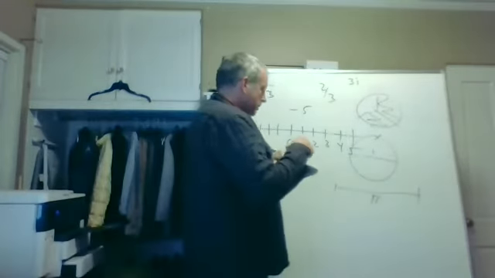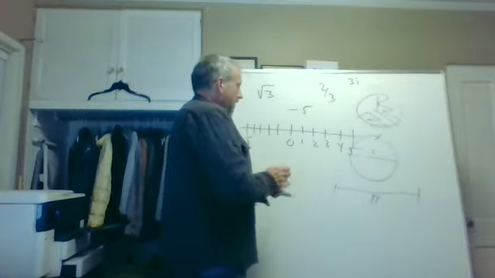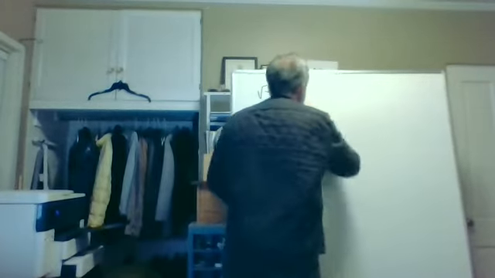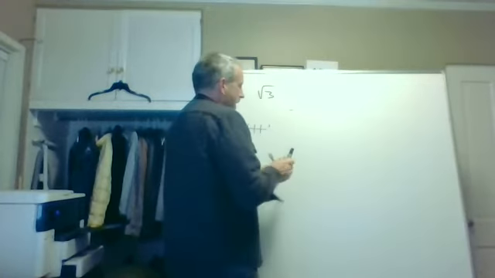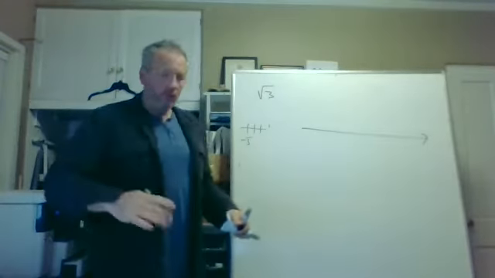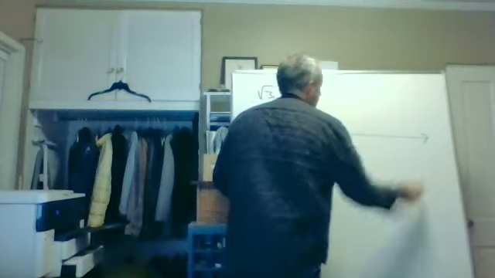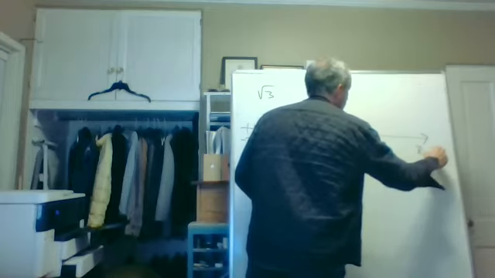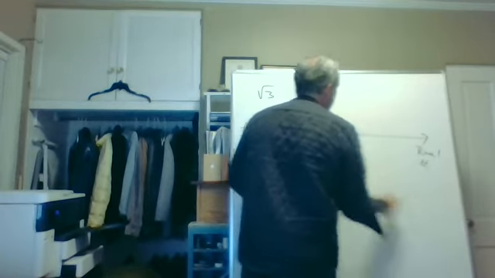When it comes to these complex and imaginary numbers, we extend this idea. And we can do the following. We can say this is the x-axis, but now we want to think of this as the real number axis. There's several ways to write this, but let's just say this is the real number axis.